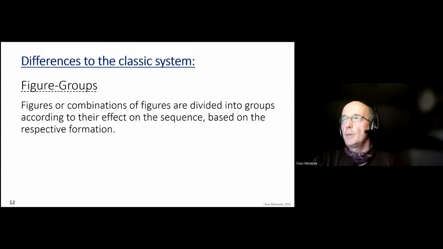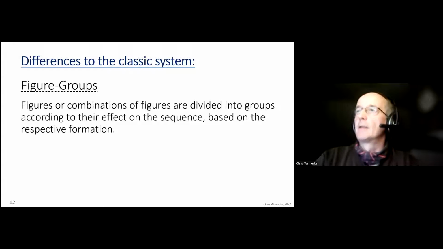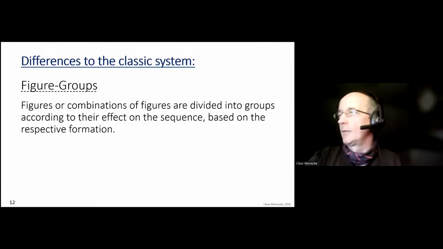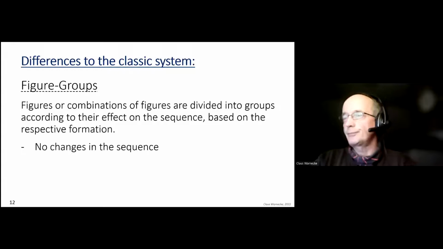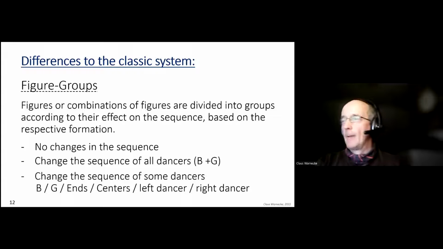The figure groups. I put them in groups divided to the effect on the sequence of the square. Does the figure change no one, change all the dancers, or change the sequence of some dancers?